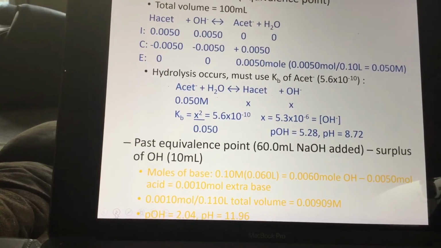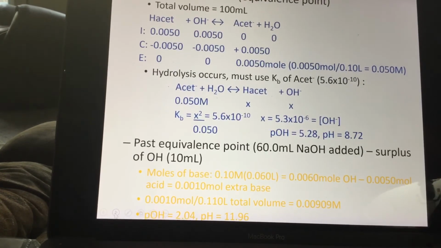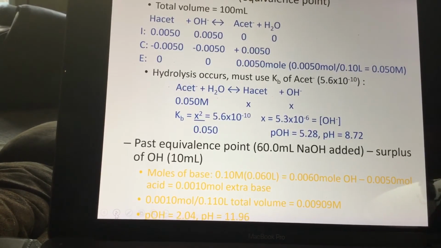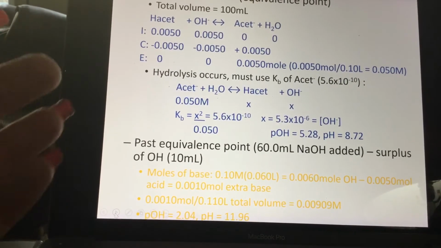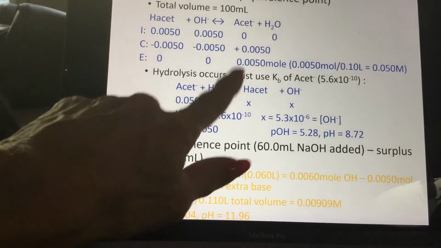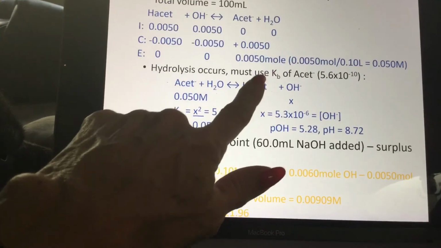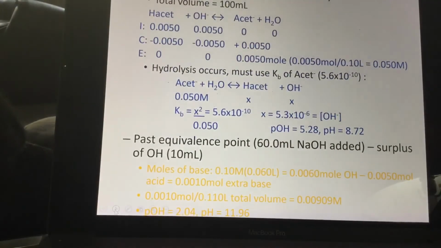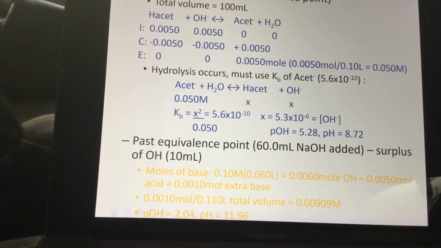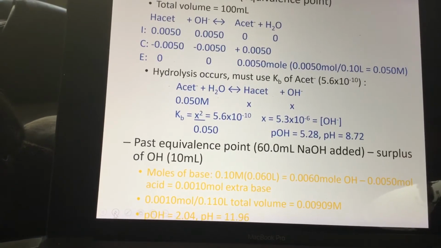So we could use the Henderson-Hasselbalch of taking the conjugate acid divided by the base. And then at the equivalence point, same thing, we have hydrolysis, only the hydrolysis of a weak base will form a conjugate acid. So we'll have an acidic solution at the equivalence point.